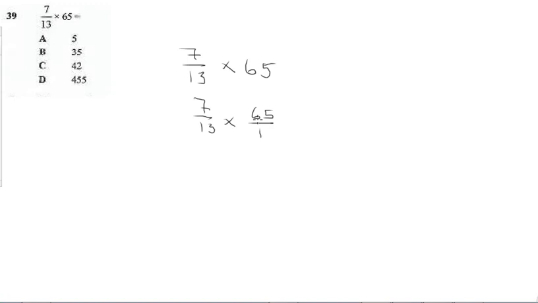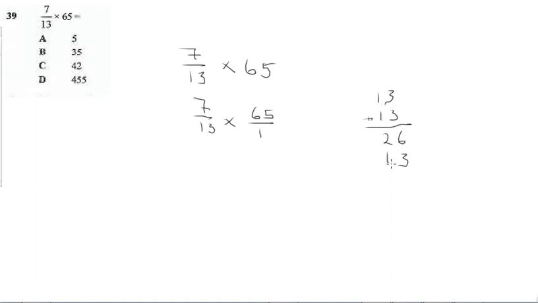Is there any number that can go into 13 without leaving a remainder, apart from 1? Well, 13 itself. So now can 13 go into 65? Let's try and find out if 13 can go into 65. So we're going to say 13 plus 13. 3 plus 3 is 6, 1 plus 1 is 2.